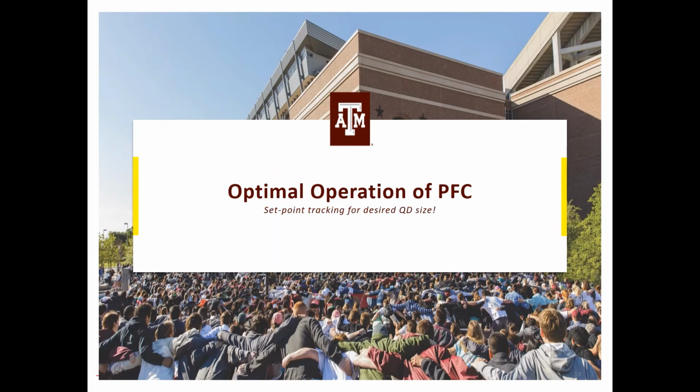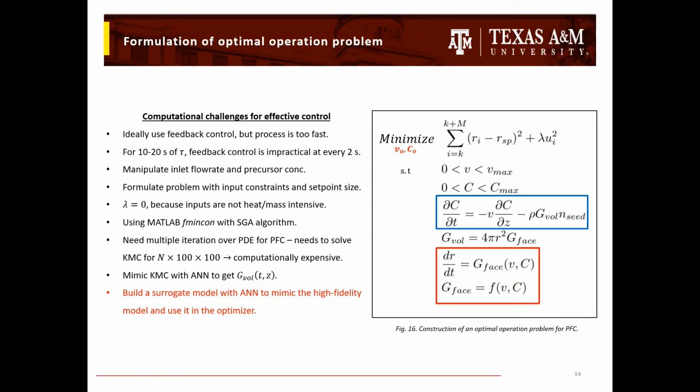With this, we understand that we can use the concentration and the flow rate to control the crystal size. So we formed an optimal operation problem where our objective is to minimize the variation of crystal size from the set point size, subject to some input constraints on flow rate and concentration. These are obviously practical constraints.